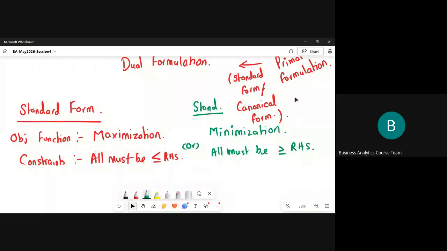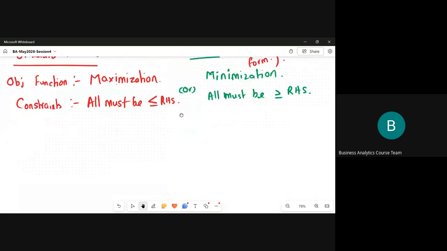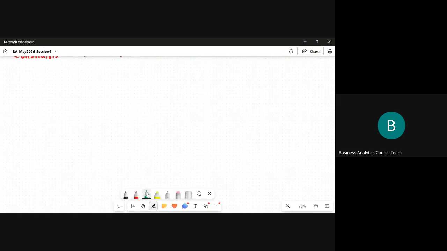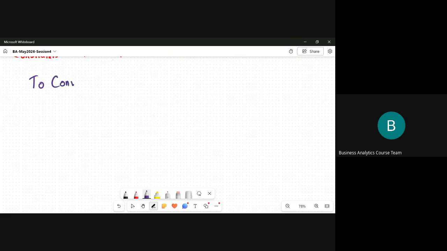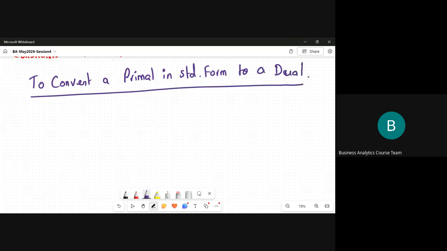And from the standard form, if you want to convert to a dual, you can use certain principles or certain shortcuts. To convert a primal in standard form to a dual, you can use these following principles.